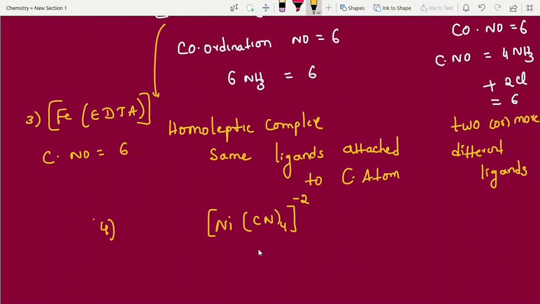So what is the coordination number here? 4 ligands, unidentate ligand. First you have to check the denticity. Unidentate means 1, and there are 4, so 1 into 4 is 4. That's it, you can calculate. Okay, now next one. Suppose they asked one more question.